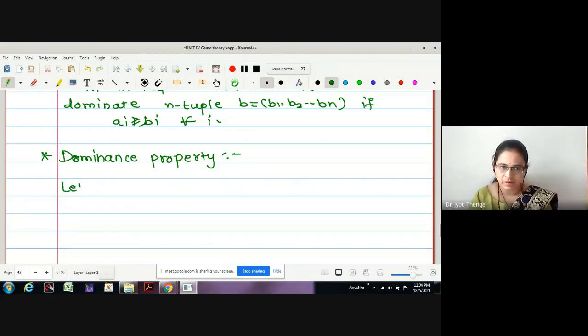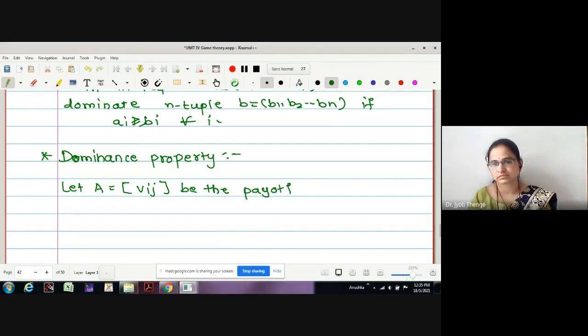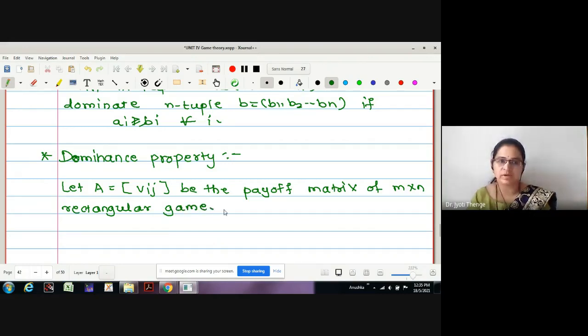Let A equal to Vij be the payoff matrix of an M by N rectangular game.